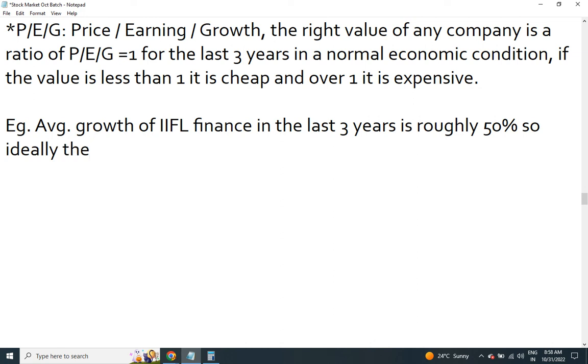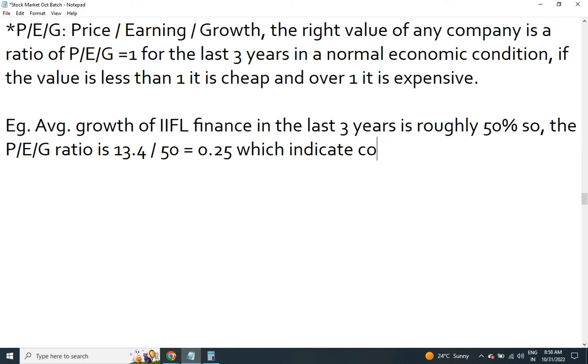So ideally, the PEG ratio is how much? The P/E ratio is 13.4, divided by 50. It is approximately 0.25, which indicates the company is trading at a 75% discount.